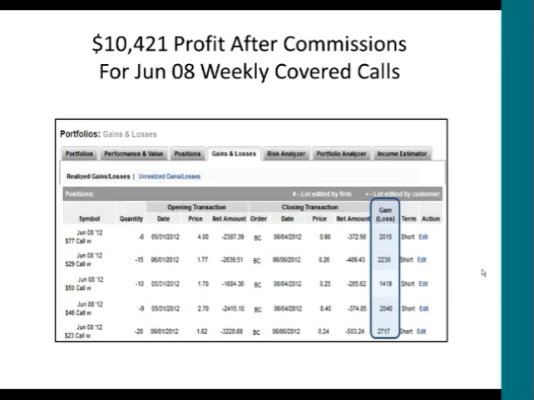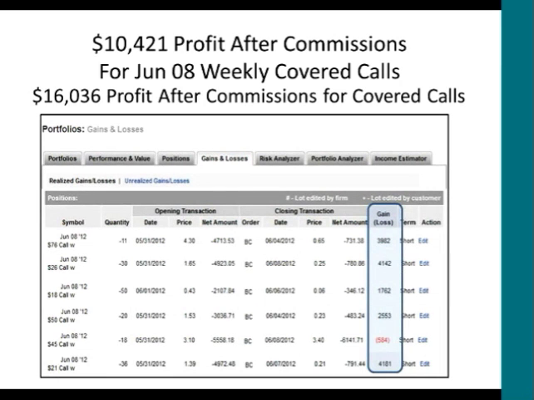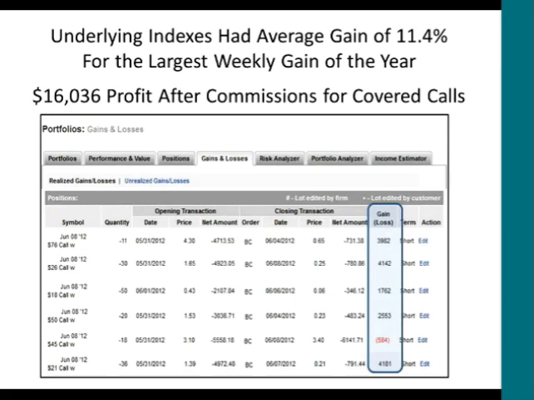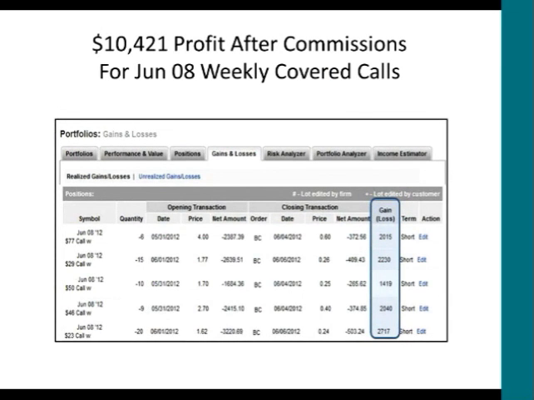And again, the indexes I trade were up over 11%, but I still had a $26,000 profit, and I only had one losing trade because I exited it at that 85% profit target.